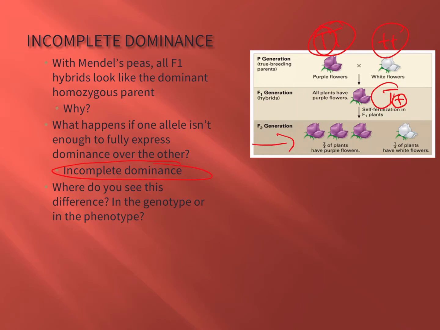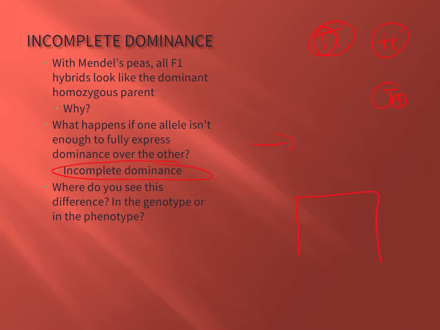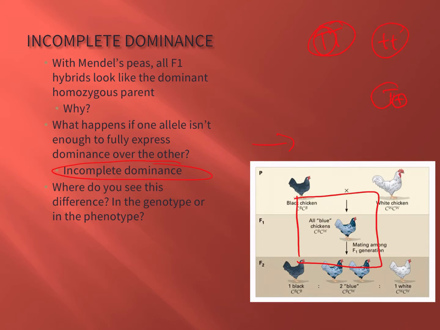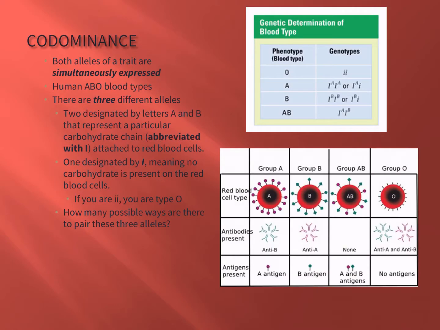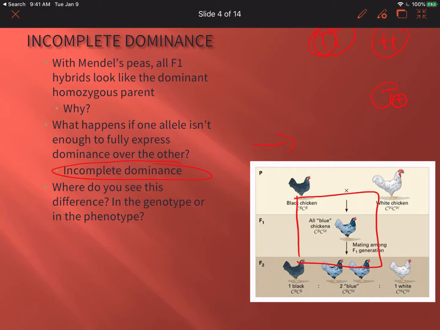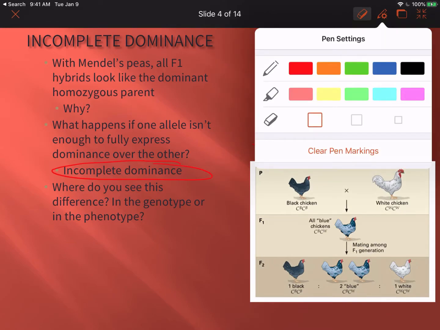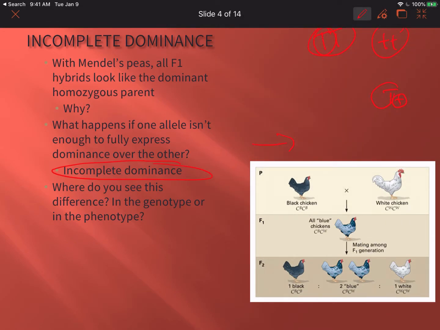So basically what you would see in incomplete dominance is that you wouldn't get either the dominant or the recessive phenotype.